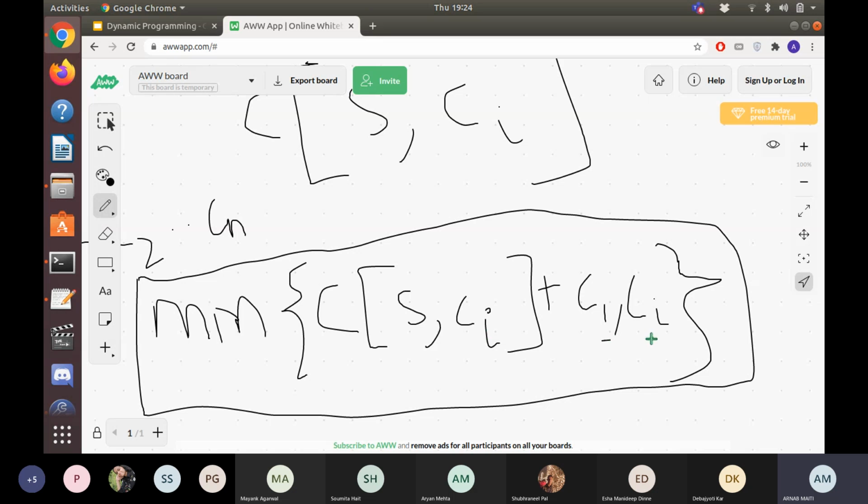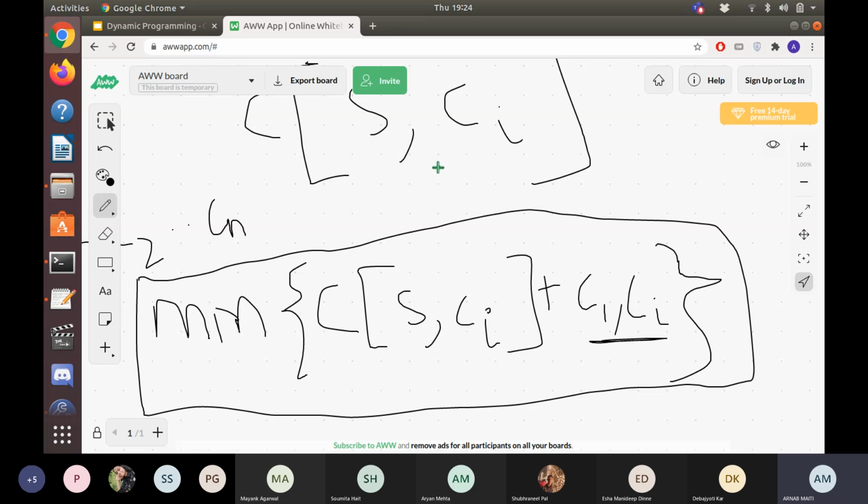This basically means the distance between C1 and Ci, because we need to return to the original vertex. So what Manideep meant was, you start from C1, you cover all the vertices and you end up at Ci, but you need to return from Ci to C1. So you add that additional edge, and you do this for every vertex.